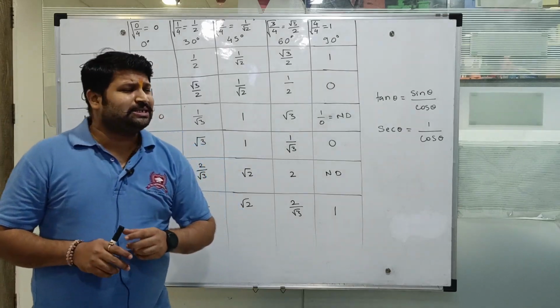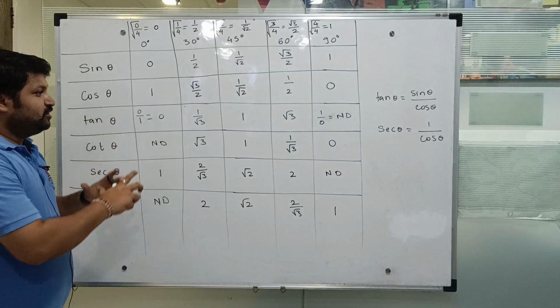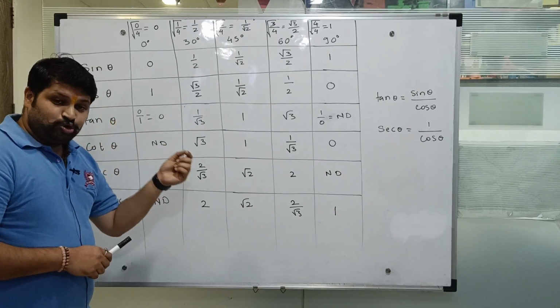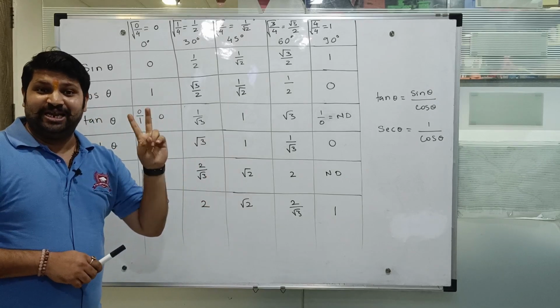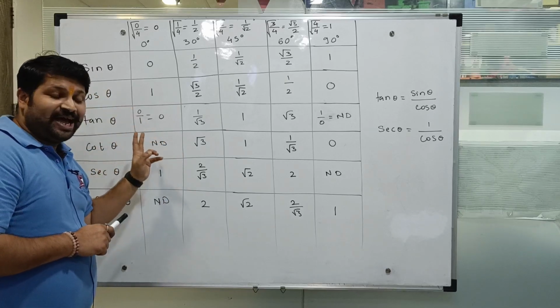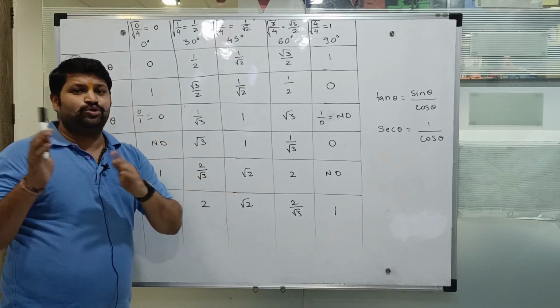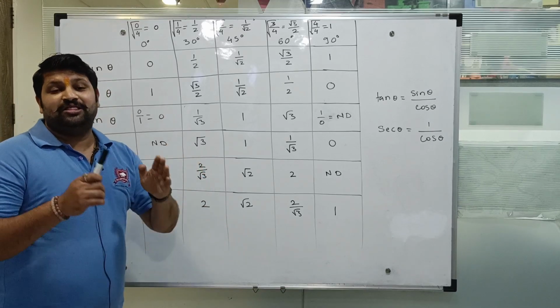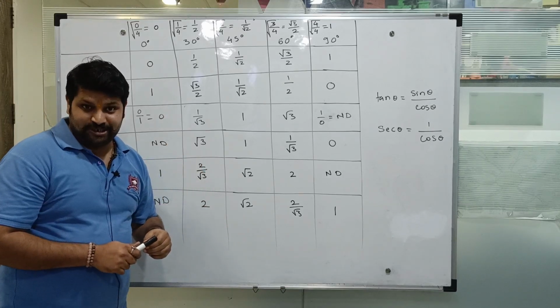So to summarize it, these are the 30 values that we get, and we have also checked that if it is sine and cos, the value should be between 0 to 1. If it's tan and cot, the values can be 0 to infinity, and if it is sec and cosec, the values cannot be less than 1.